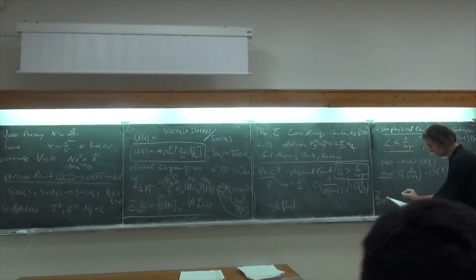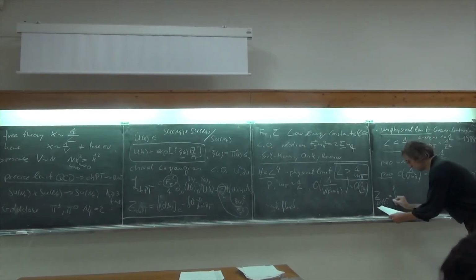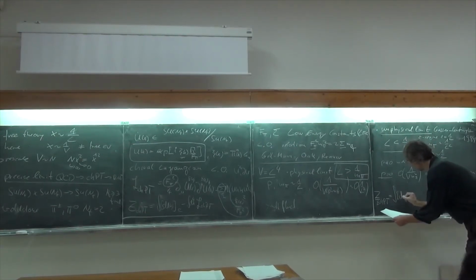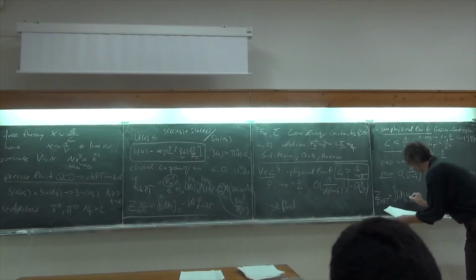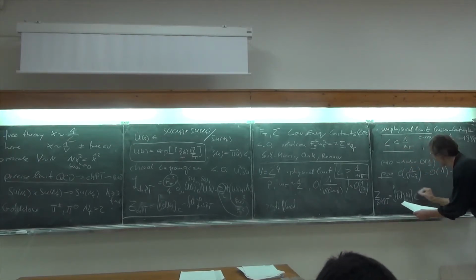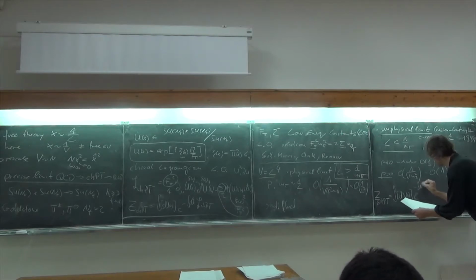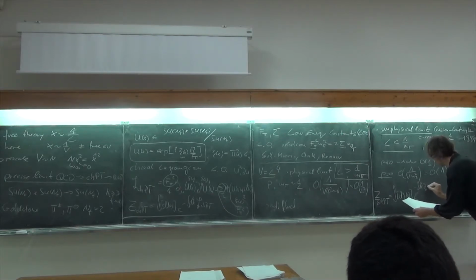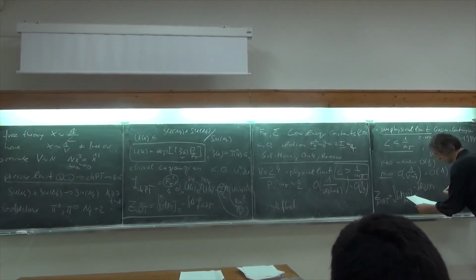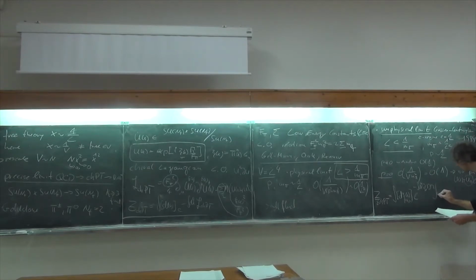So let me write this down. We have xi, now p non-zero modes, e to the minus the integral d4x, d mu xi, d mu xi. And then we have this integral, which is now a group integral over constant SU(N_f).